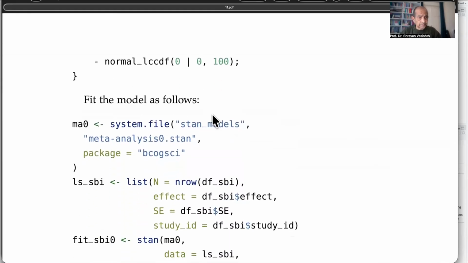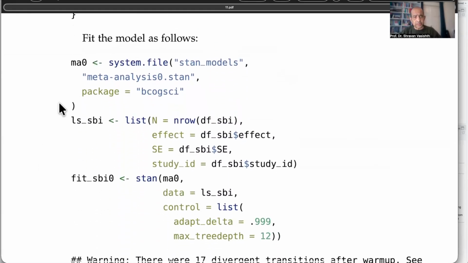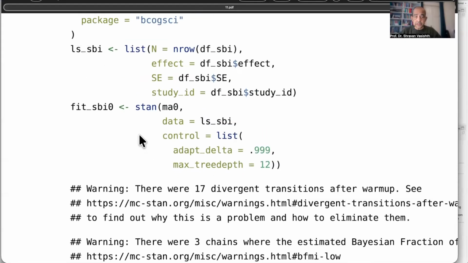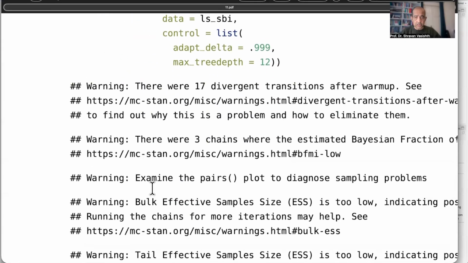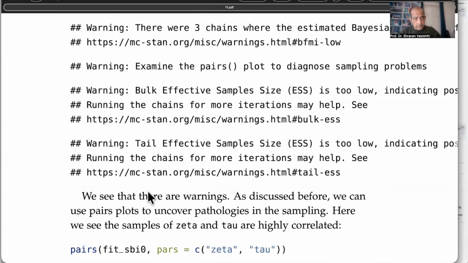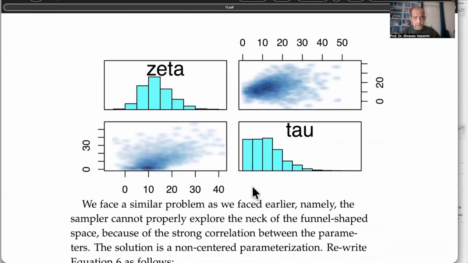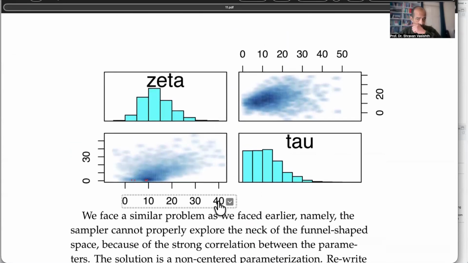All right, so fit the model as usual. It's all inside bcogsci, so you can just extract it. And when you fit the model, you'll discover that there are lots of warnings. Don't ignore those warnings. The source of the problem is that there's a correlation between zeta and tau posteriors, right? You see the funnel plots again.